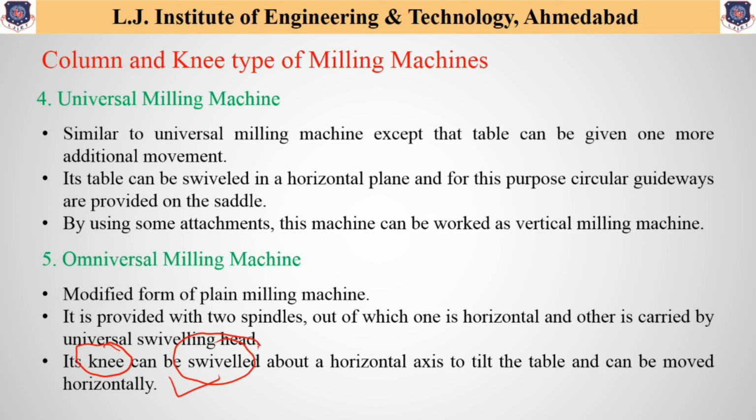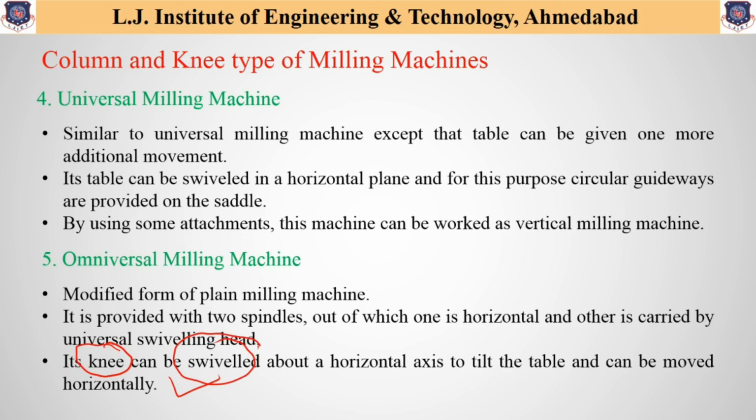So if we summarize our two previous lectures, we have discussed the hand milling machine, plane or horizontal milling machine, vertical milling machine, universal milling machine, and omniversal milling machine.